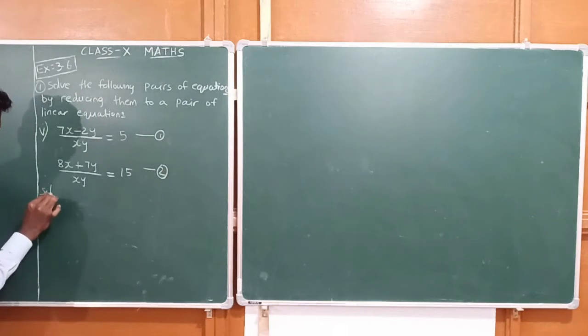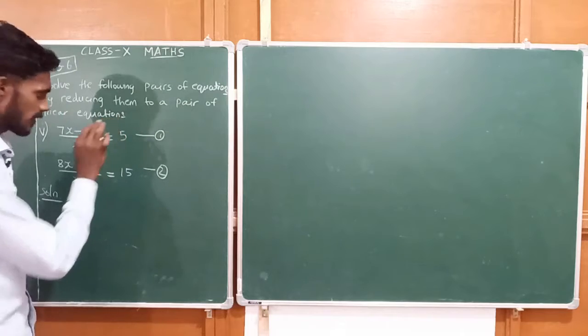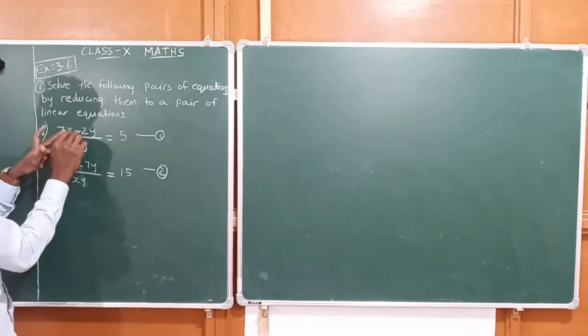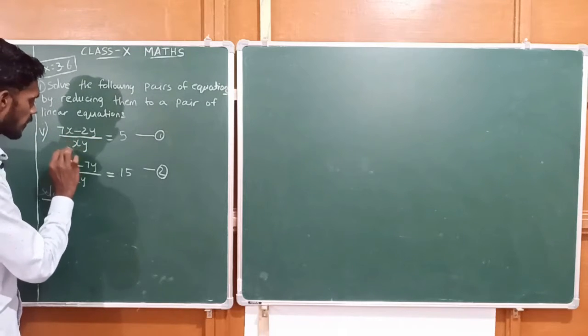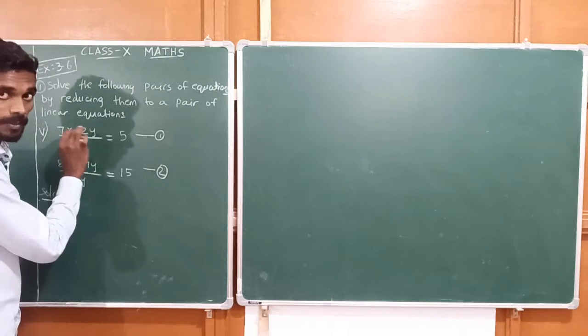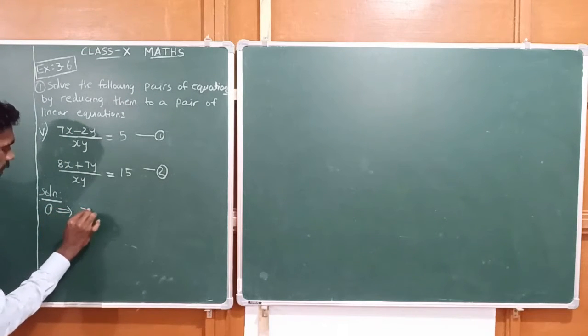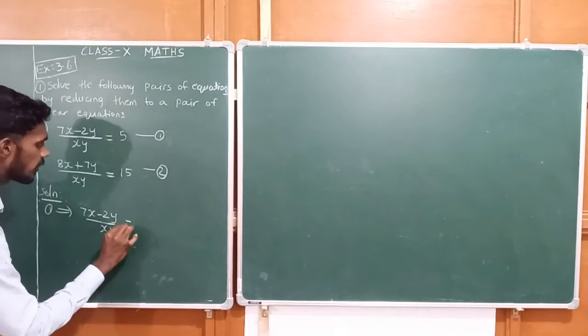So for the solution, we have to reduce this pair of equations into a pair of linear equations. For that, I am going to split this term into two terms because the denominator is same. So I can split the numerator. Clear? So the equation 1 is 7x minus 2y divided by xy is equal to 5.